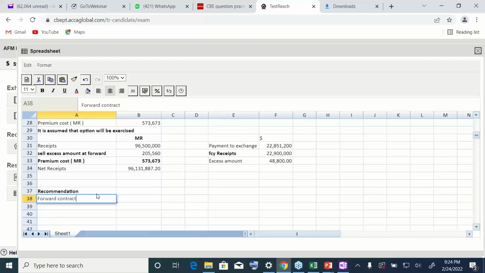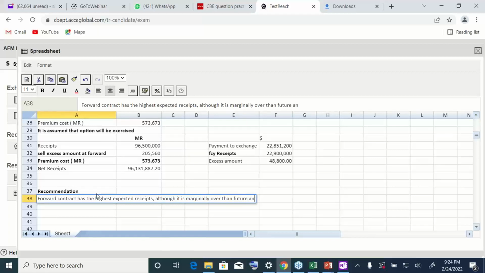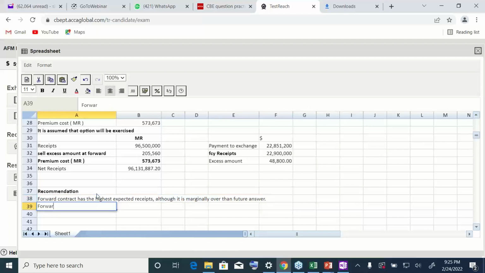Forward contract has the highest expected receipts, although it is marginally over the future answer. Forward contract, write it like a paragraph. Do not write in a single cell.